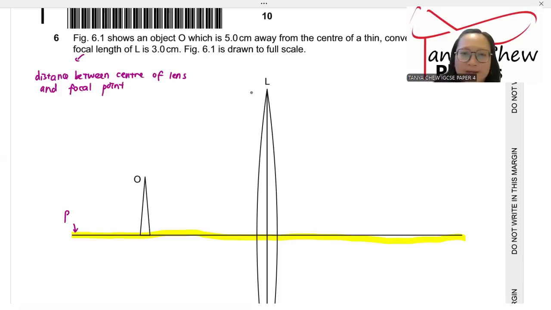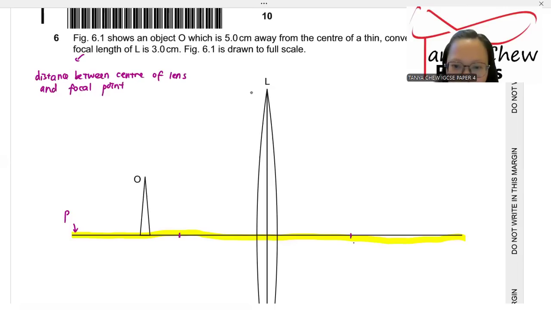This object is 5 cm away, so the focal point is somewhere here. I just put it here. And since there are two curvatures of the converging lens, there must be two focal points. This is just a rough guide, I hope you don't mind.